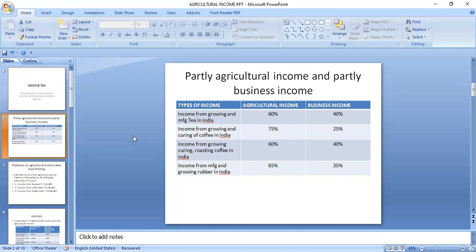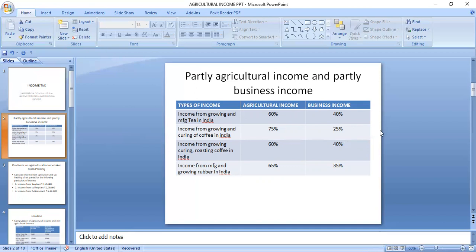They may just ask you income from tea plant in India or income from coffee plant in India. Suppose they ask you income from tea plant in India, you have to take 60% as agricultural income and 40% as business income. Suppose they ask you income from a coffee plant in India, you have to take 60% as agricultural income and 40% as business income.